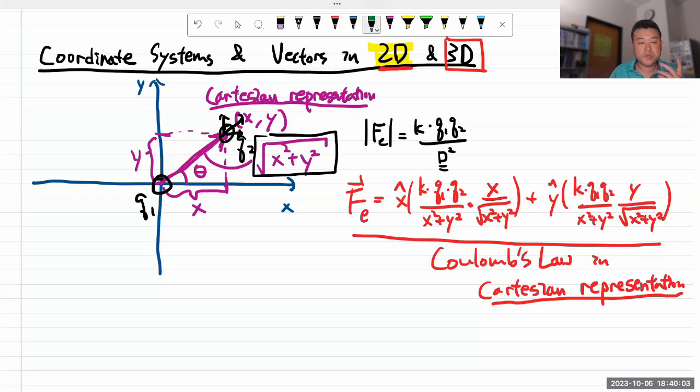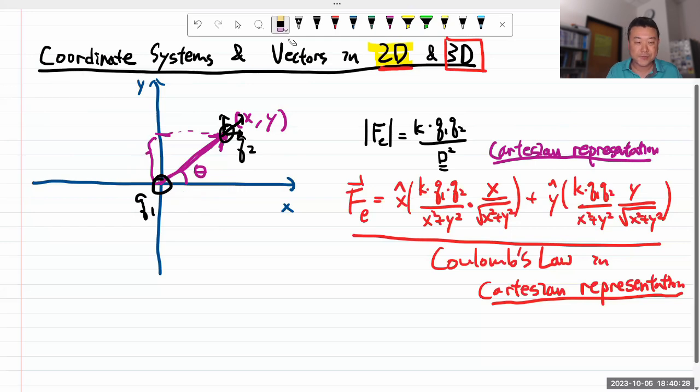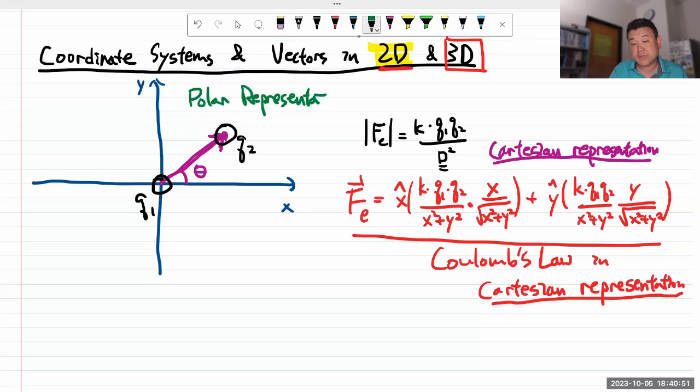We introduce the representation that you will actually see us use to introduce and describe Coulomb's law, at least as an introductory thing, which is going to be the polar representation or polar coordinate system. But the polar coordinate system is a little bit difficult to draw, so let me not draw it.